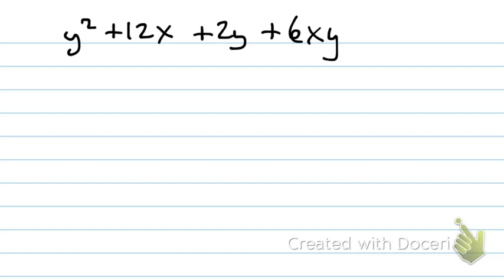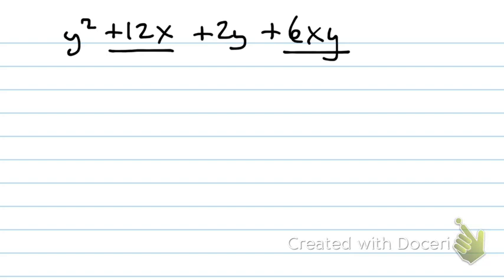Now, if you look at this, which letter comes first, x's or y's? X's. Okay? And if you look, there are two terms with an x in them. You see that? So, I need to see which one of those to put first. What I want is the plain old x. Now, if there was an x squared, that would be first.